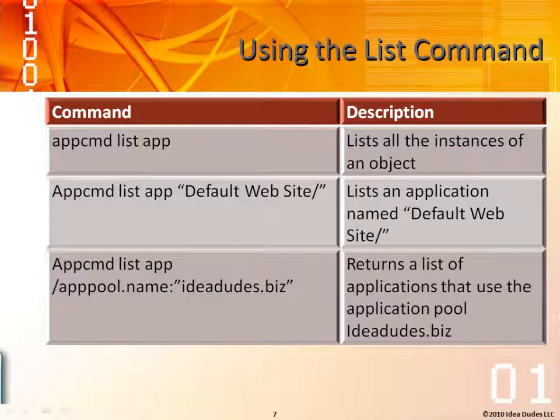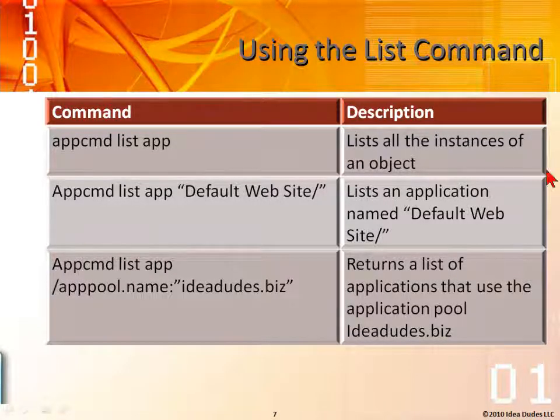Now using the list command, here are some examples. We have AppCmd list app, and what this does is it lists all the instances of an object. AppCmd list app "Default Web Site" lists an application named Default Web Site. AppCmd list app /apppool.name:ideadudes.biz returns a list of applications that use the application pool ideadudes.biz.